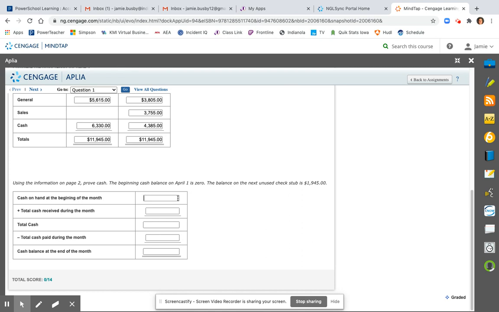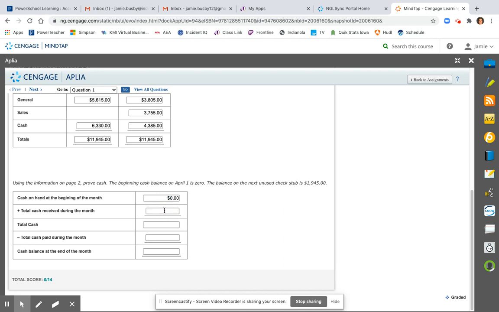The last thing we need to do is prove cash for the month. You'll need this information here. It says using page 2, prove cash. The beginning cash balance of April 1st is 0. The balance on the next unused check stub is $1,945. So this amount right here is how much the bank thinks that we have, $1,945. So cash on hand at the beginning of the month is 0.